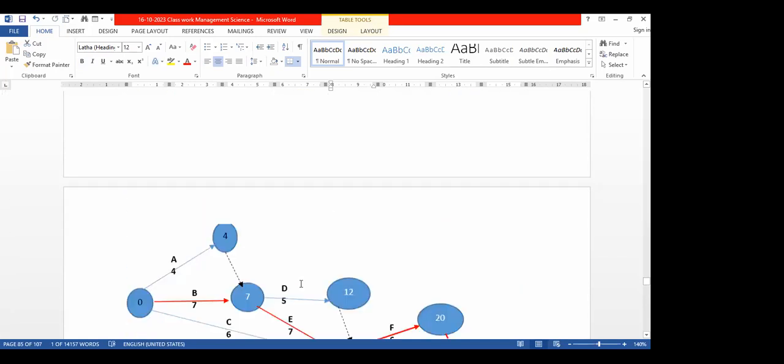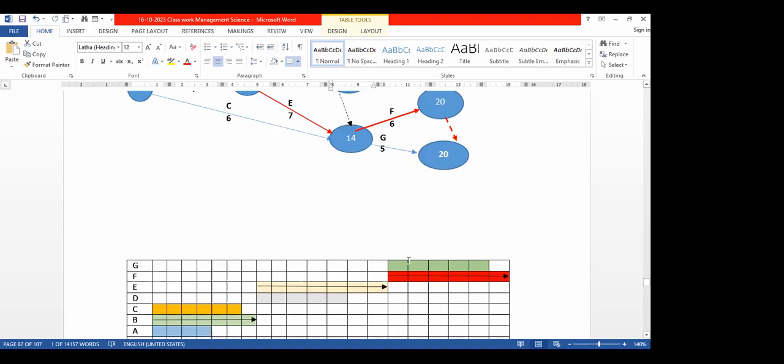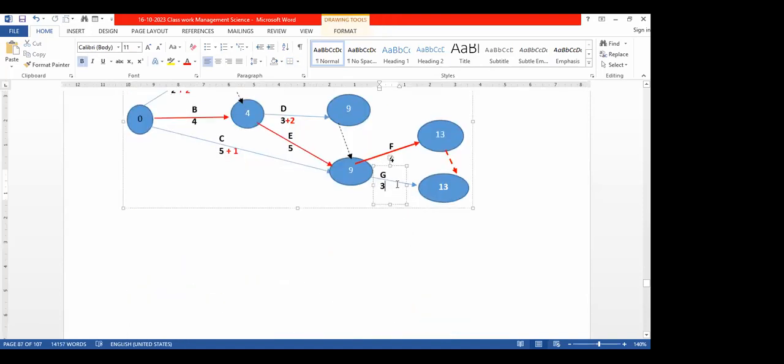But if you add these 2 days, what will happen? You add all 2 days, what will happen? Project duration will change. Why? It becomes 14. 9 plus 5, 14. That is violating the minimum duration. So therefore, we cannot add all 2 days. 1 day we can add.